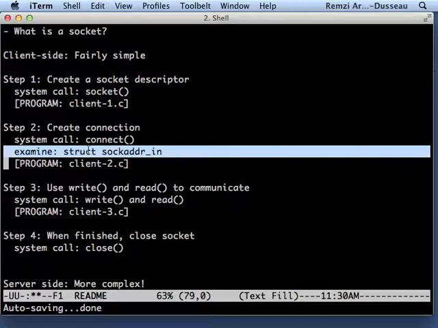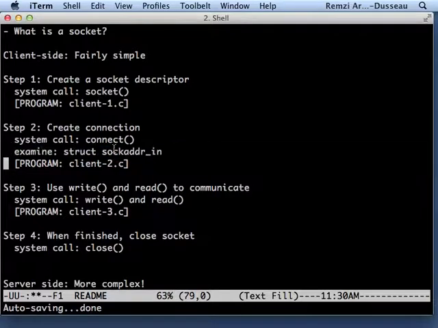And to do that, you have to fill in this slightly complicated, but really not that complicated, but it looks complicated when you look at it at first, struct, the sock address structure, or sockaddr_in for internet. We'll look at that in a second too. So once you've called socket and called connect appropriately, when connect returns, it means you have this connection with the server.